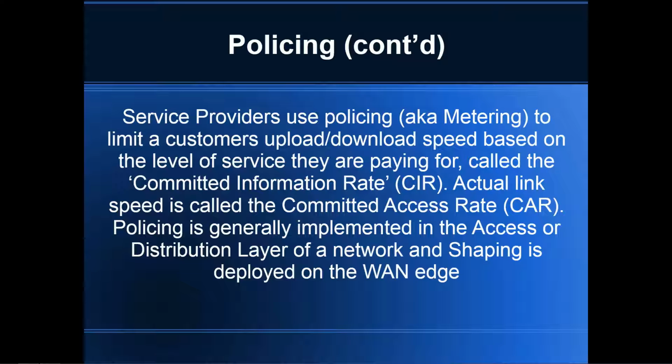That's going to be your committed access rate. It can go higher, but you're always going to be guaranteed at least a specific type of speed. Normally these are implemented at the access or distribution layers, never at the core. And again, this is going to be shaping, not policing, because it's not going to drop your packets once you get to the threshold of your limit. It will just start slowing it down.